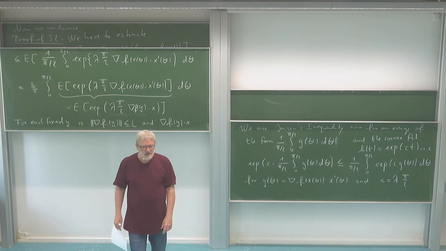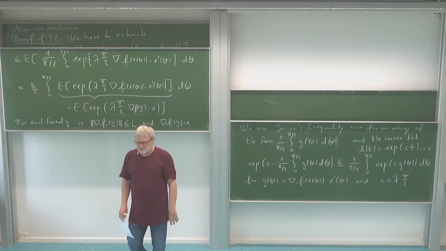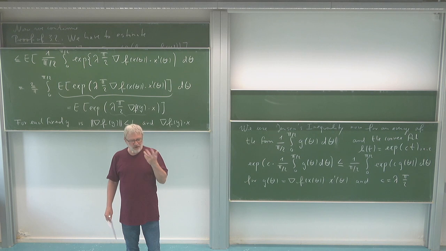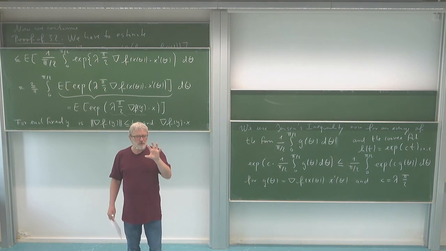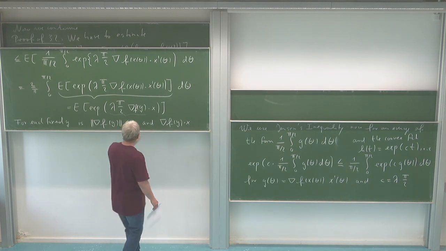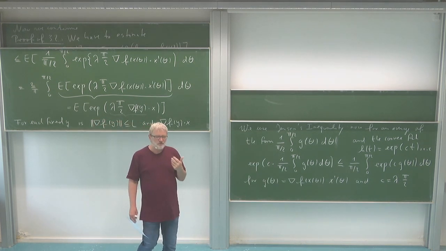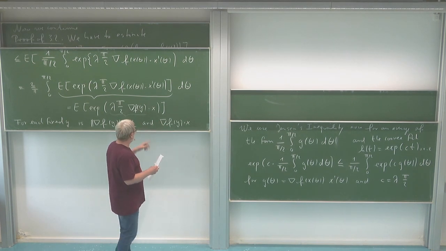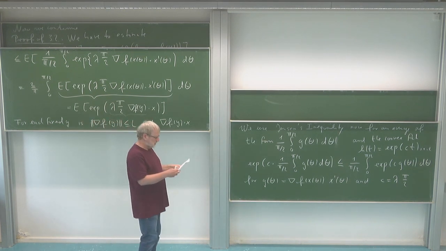If I take a fixed vector times a standard Gaussian random vector, I get a Gaussian distribution, and the variance of this is exactly the squared length of this vector. Here the length of this vector is always less than L, so what we get for each x is a Gaussian distribution which has variance less than L squared.